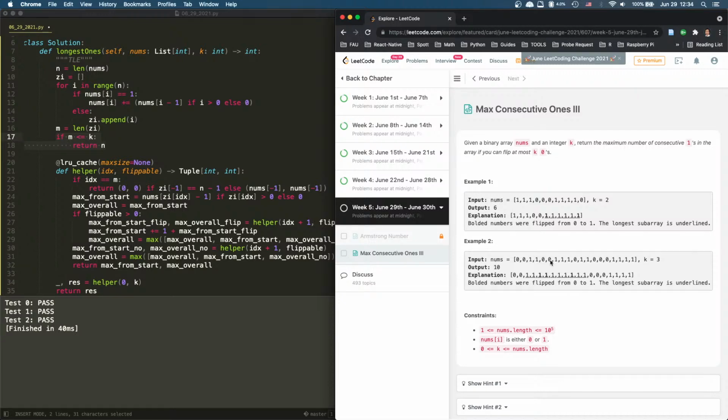So 2, 1, right? That's the solution. And then we look at 1. We try to look to the left, go to the right, and we can fill up 2, right? That actually gives us 8. And then the last, we fill up 3. Here, that gives us 10, and that's it.